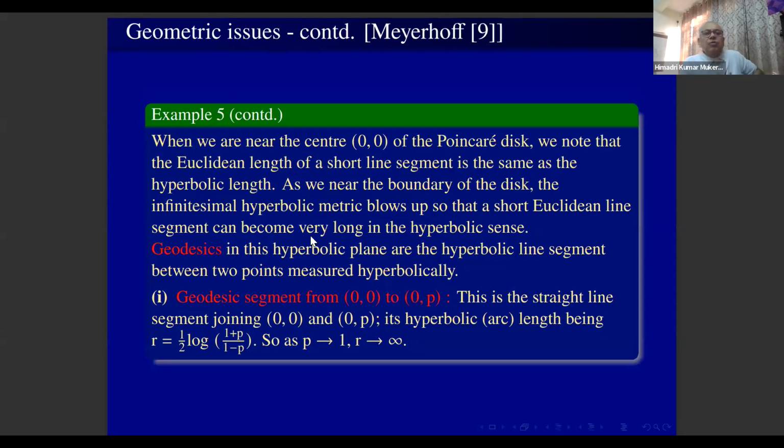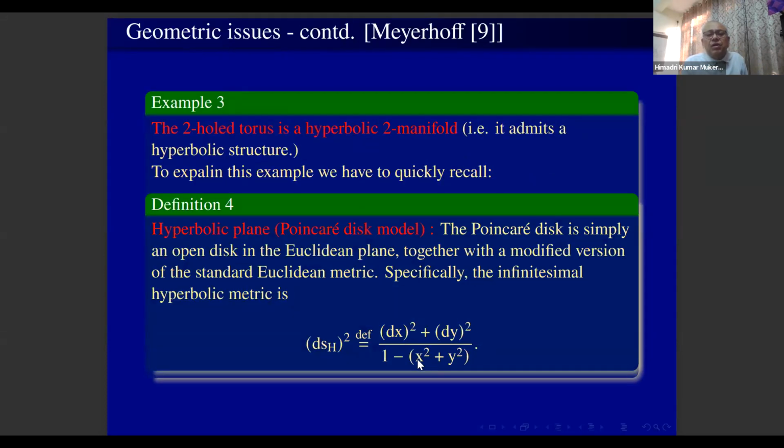Now, when we are near the center (0, 0) of the Poincaré disk, we note that the Euclidean length of a short line segment is the same as its hyperbolic length. The Euclidean length and hyperbolic length are similar because this quantity becomes very small, so it will become essentially this.